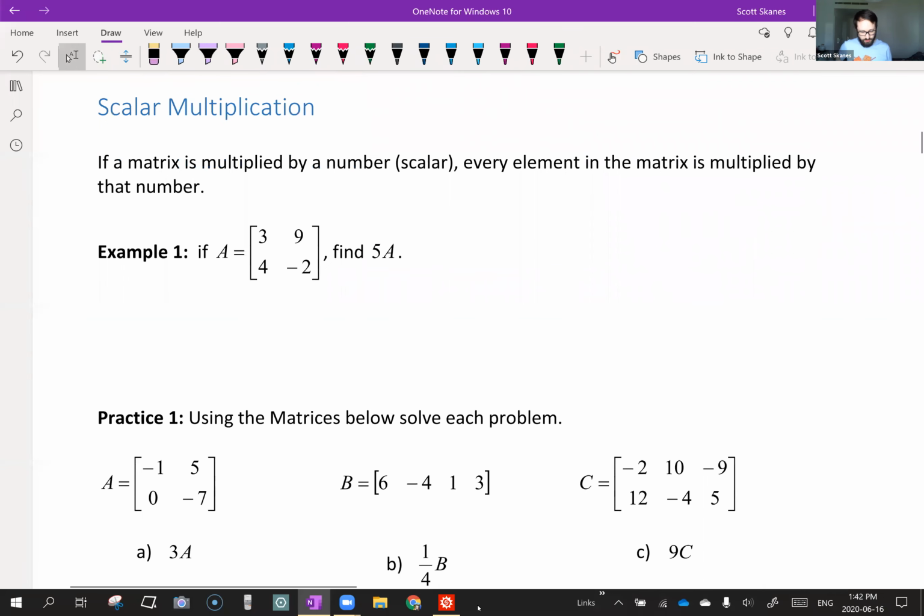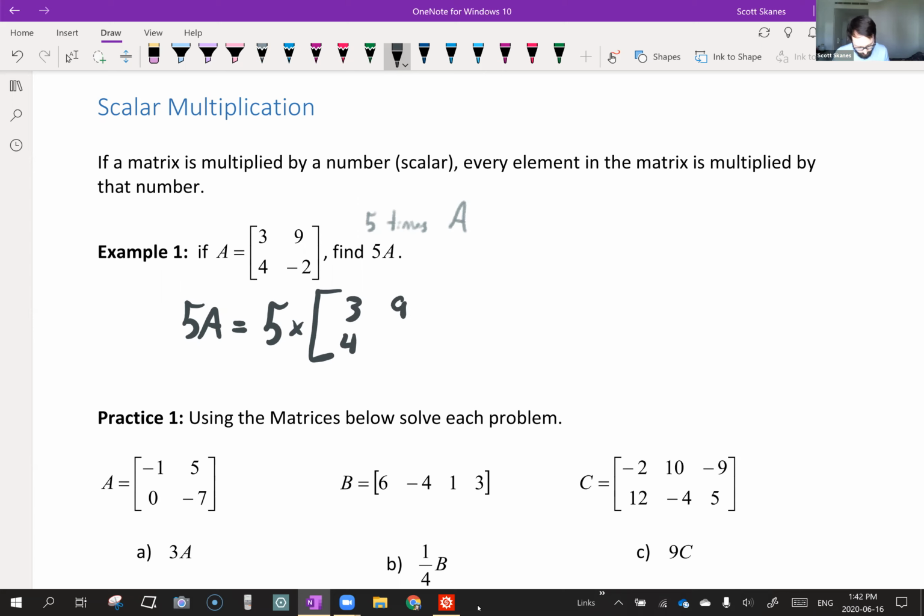Scalar multiplication is super easy. So look at this. It says, if this is our matrix A, we're calling it the capital letter A. Usually matrices have capital letters. Find 5A. It's just 5 times A. And the way we do this is really, really simple. 5A is just going to be 5 times our matrix.